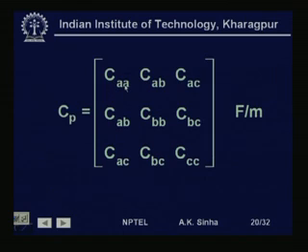So, C_p is a 3 by 3 matrix: C_aa the capacitance of A with respect to A, C_ab between A and B, C_ac between A and C. Similarly, C_bb the capacitance between B and its image, C_bc between B and C, and so on. So, C_p is giving us the capacitance for the 3 phase conductor system.